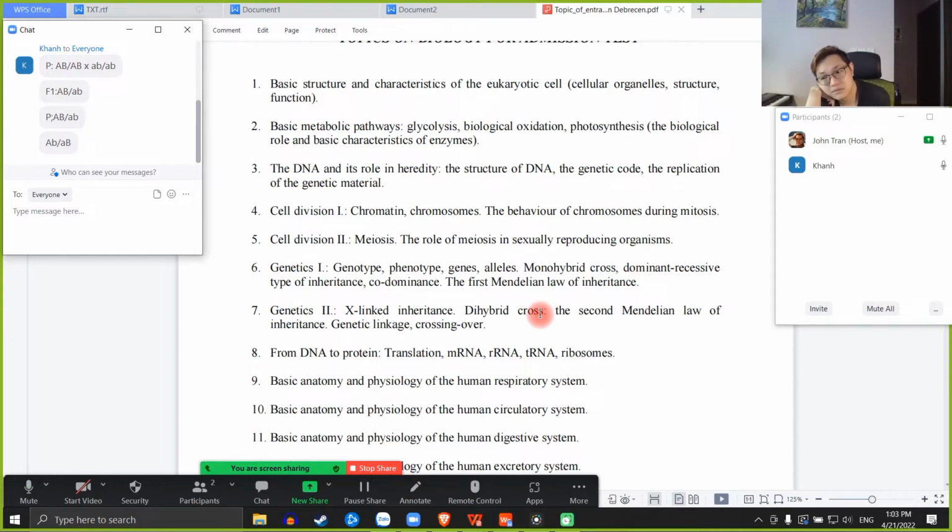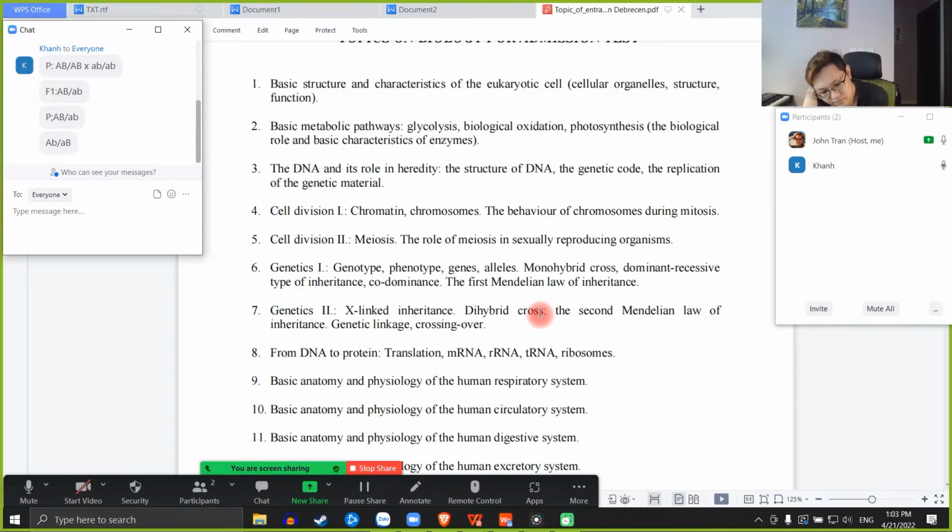Okay. During this phase, the centrioles migrate into different poles, opposite poles of the cells, and some of the microtubules formed also form spindle fibers.